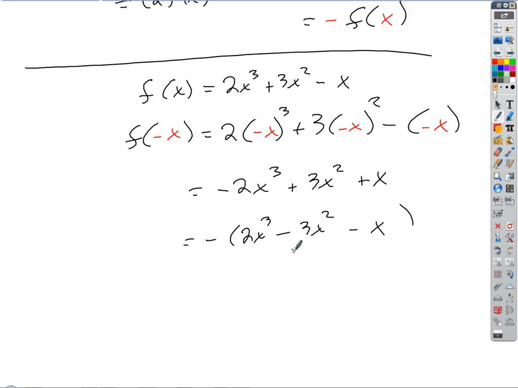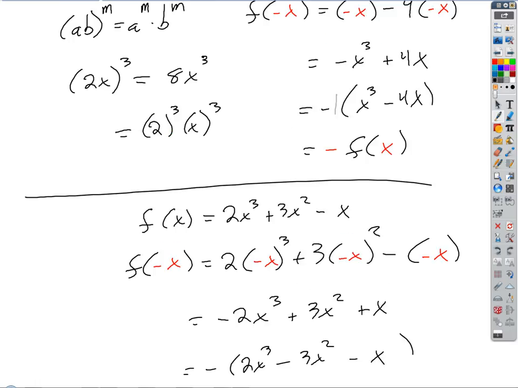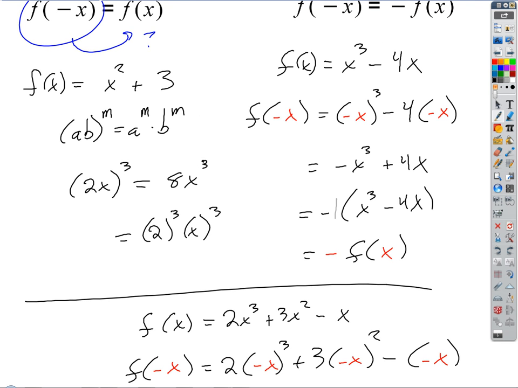Okay, but what do you think? You've seen 3 examples of this. Could you give me an example of a different function that was even, you think? What's it going to be? What's the part of the process that made this function even?